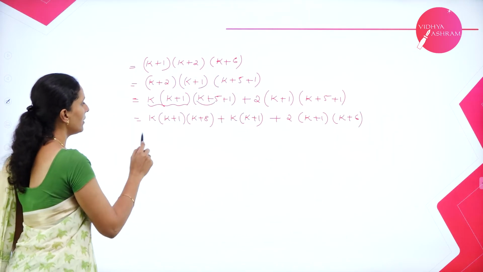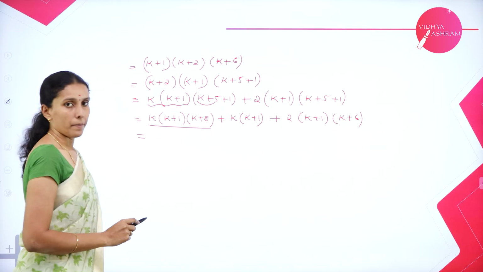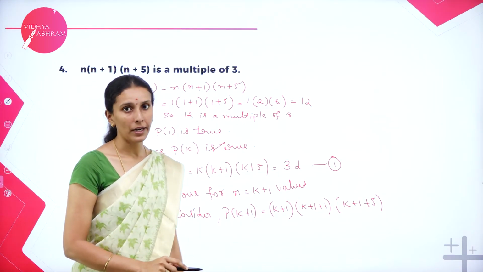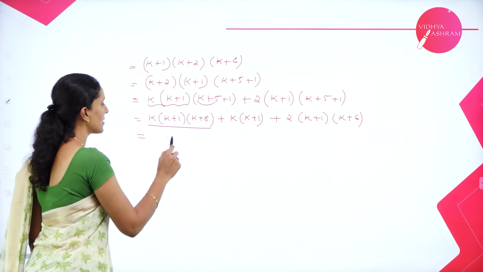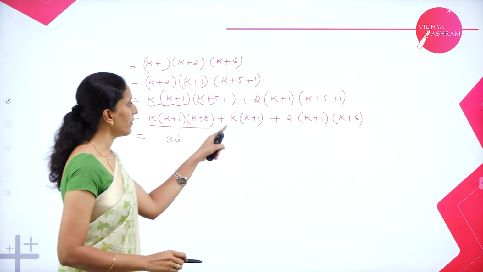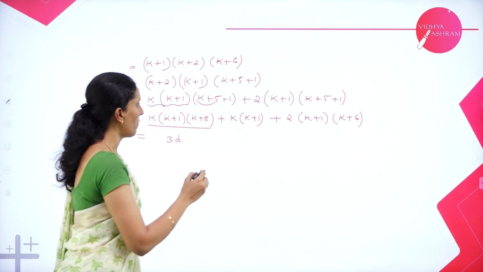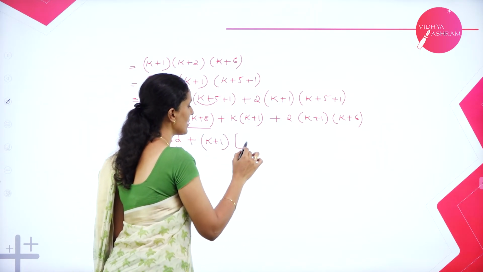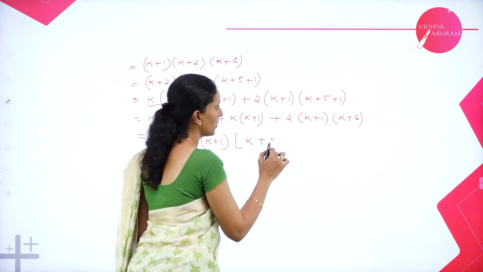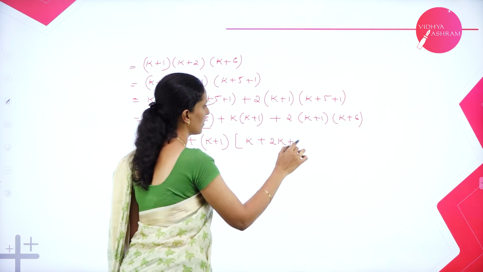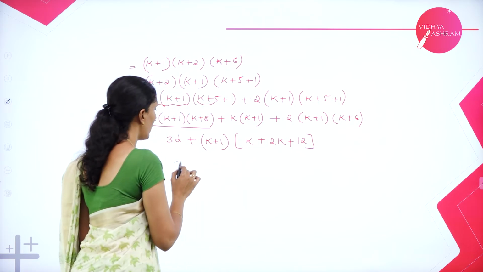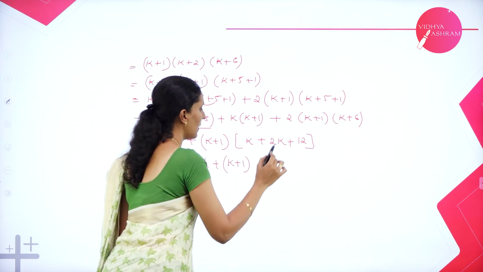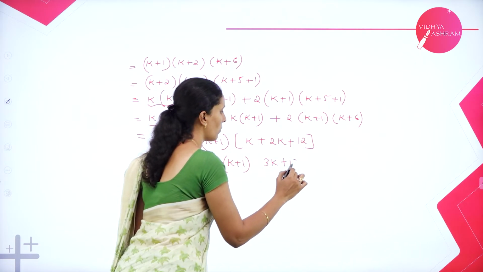Again, from equation 1, you can observe k into k plus 1 into k plus 5 is a multiple of 3, so I'll replace this by 3 into some d. And if I take k plus 1 as a common factor here, I'll get k plus 2k plus 12. So therefore, 3d plus k plus 1 into k plus 2k, which is 3k plus 12.